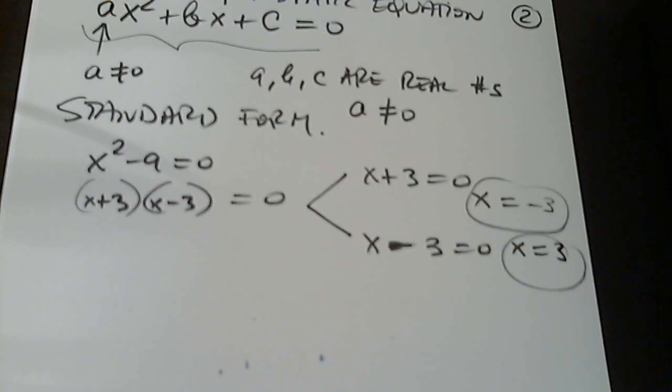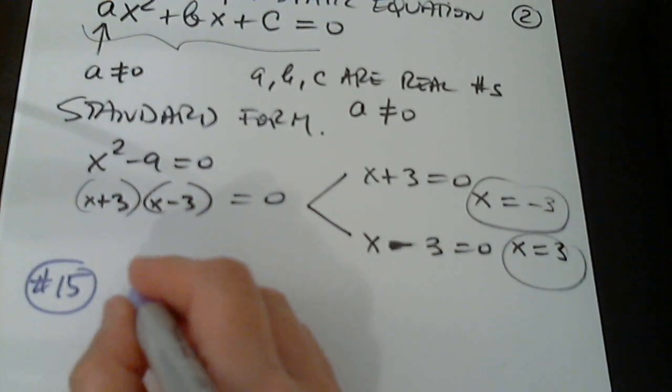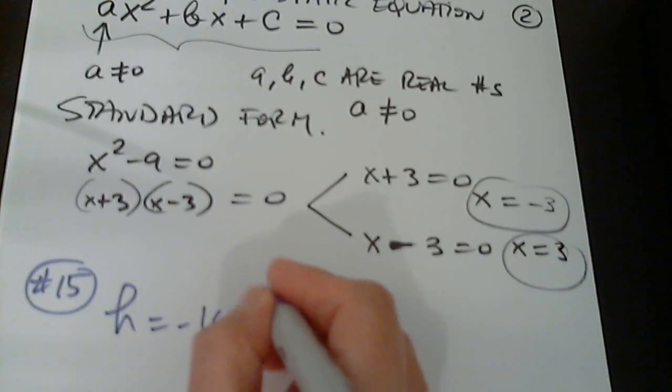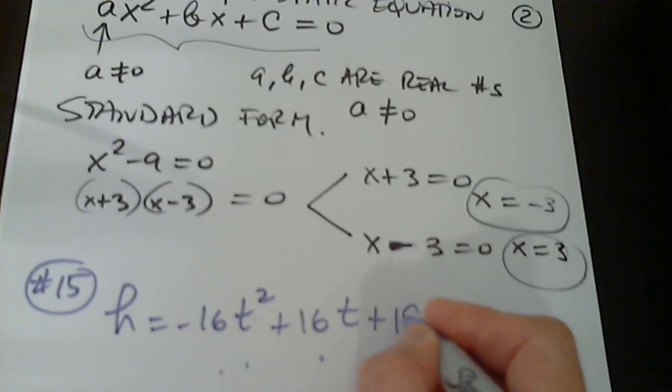The formula below describes the ball's height above the ground at any point in time, in feet, t seconds after it was thrown. Let me copy it. So this is problem 15. We have h equals negative 16 t squared plus 16t plus 192.